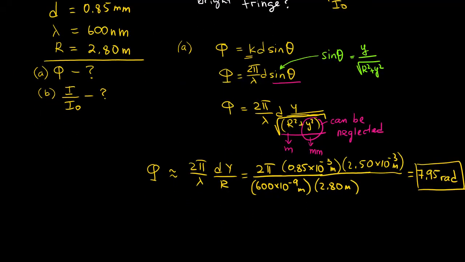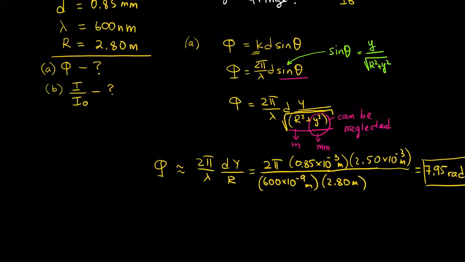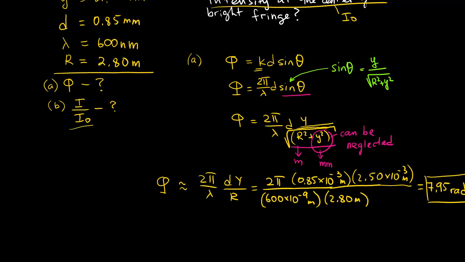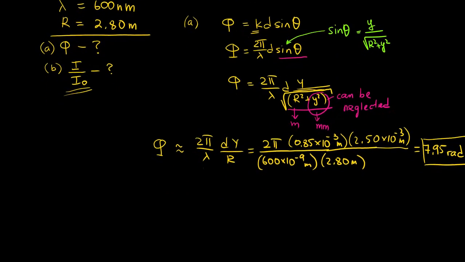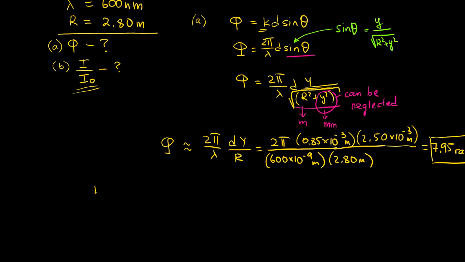Now for the second part of the problem, which is related to intensities, let's see what we know about intensity at any point on the viewing screen. We know that intensity at any point in a pattern equals I naught cosine squared phi over 2.